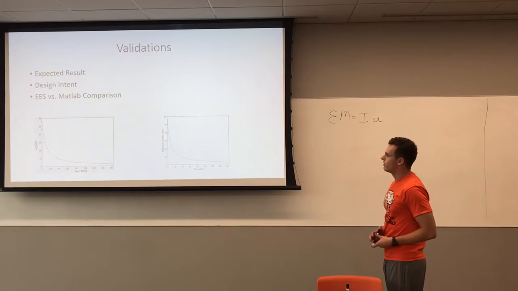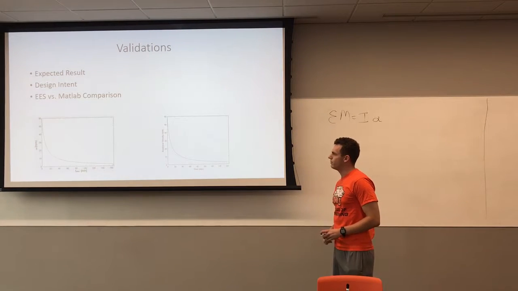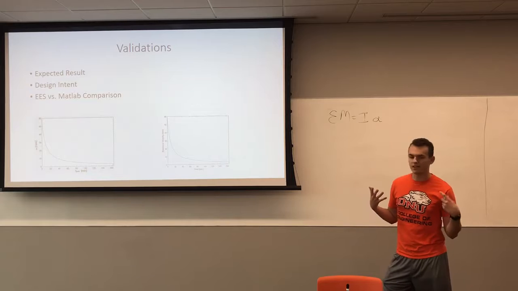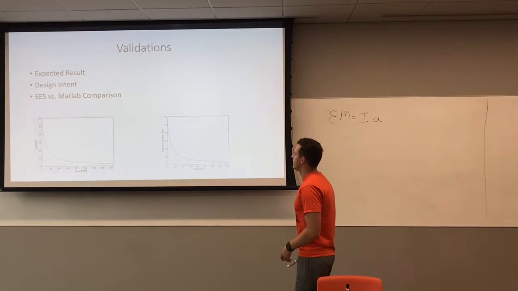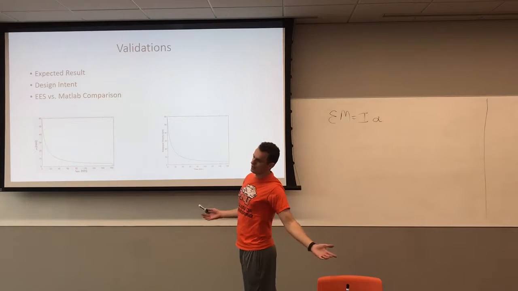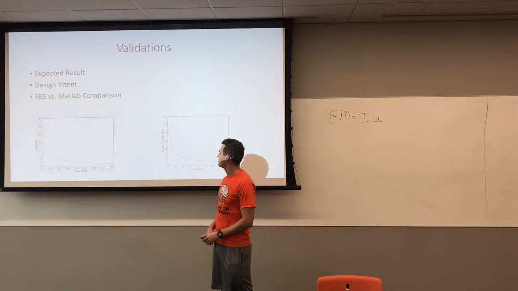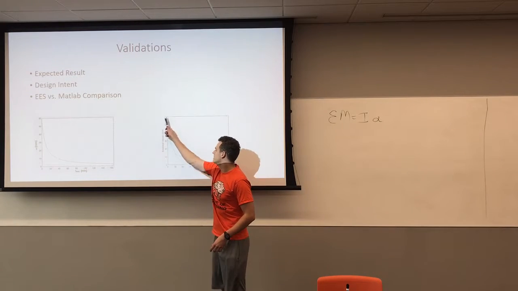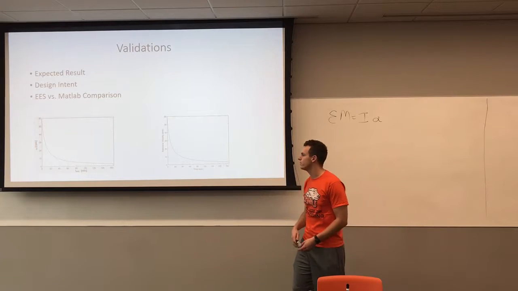And then to validate what I found, I started with an expected result of what I thought we should see. I assumed that we were going to be starting at 60 RPMs, as we were given. That was the initial condition. So we're starting at 60 RPMs, and then we're tailing off to 0, which is what I expected.